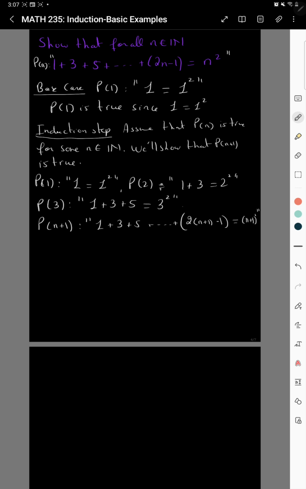Okay. Well, let me write this in a better way. Simplify it. 2n plus 2 minus 1, this is just 2n plus 1, is equal to n plus 1 squared. So we need to show that Pn plus 1 is true. Of course, in the same way, we'll let Pn appear, to use that Pn is true.